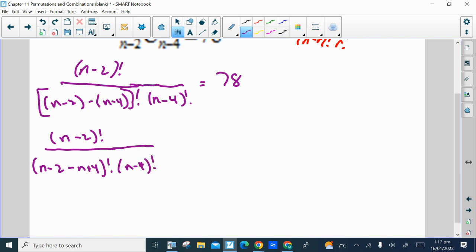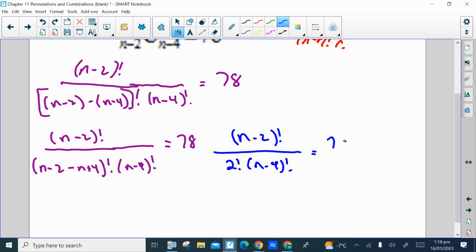When you remove the brackets inside the big square brackets, the negative sign in front of that second bracket changes all the signs inside. So we are left with n minus 2 factorial all over, again, the n's cancel here, and negative 2 plus 4 is 2 factorial times n minus 4 factorial equals 78 on the right.